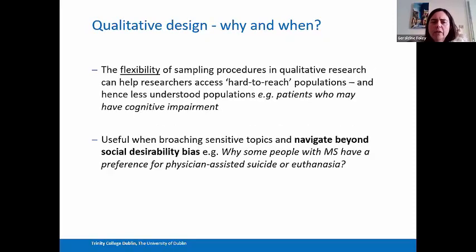Not to get into too much detail before I touch on GT, but one of the great strengths of qualitative design, I think, is in the actual flexibility of sampling procedures in qualitative research. So sampling procedures can differ a lot from how we sample in quantitative research.